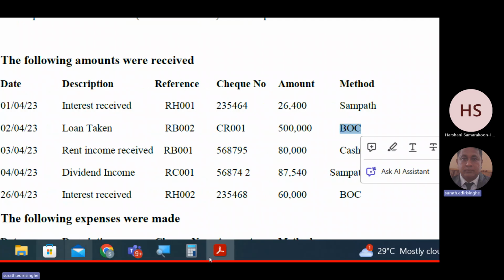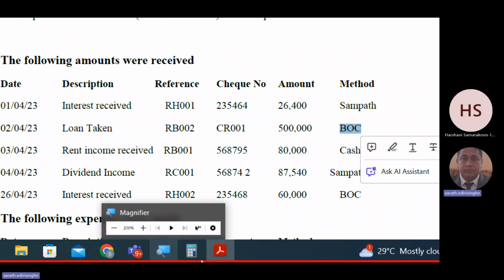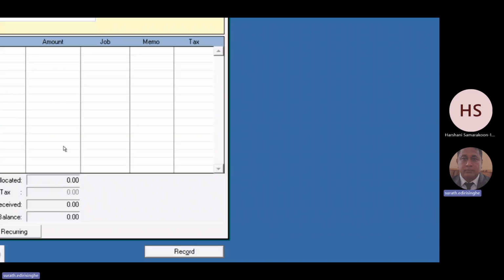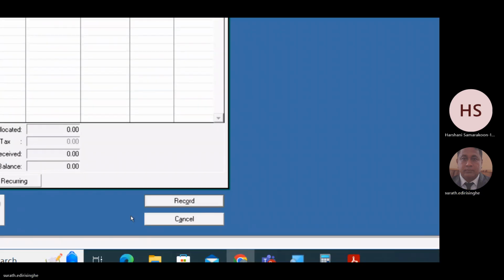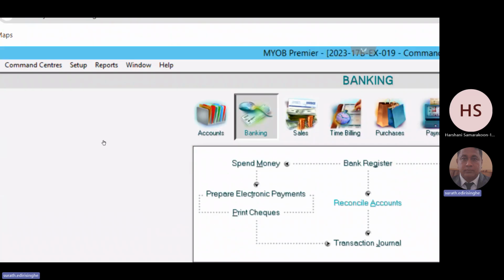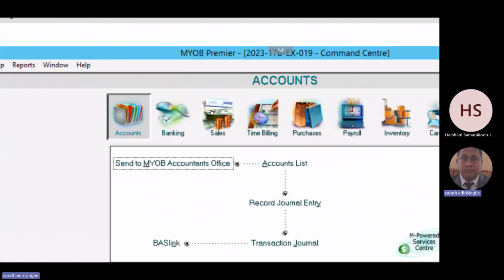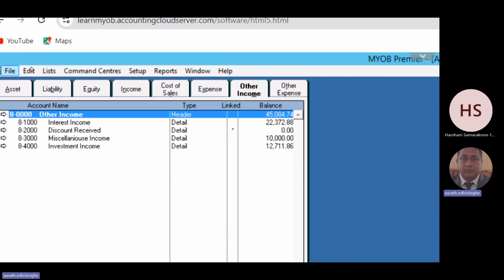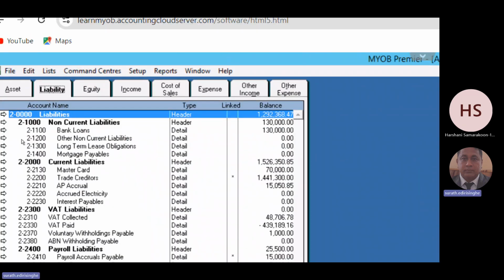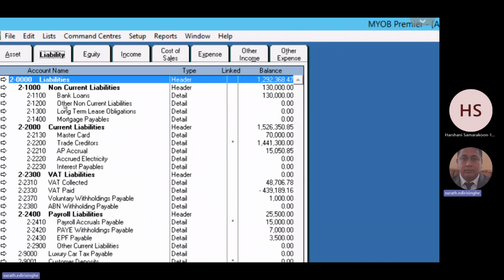Right. Look here. Recording this transaction. First, you create the liability section under the account list, under the liability, under the non-current liability. General bank loan is there.